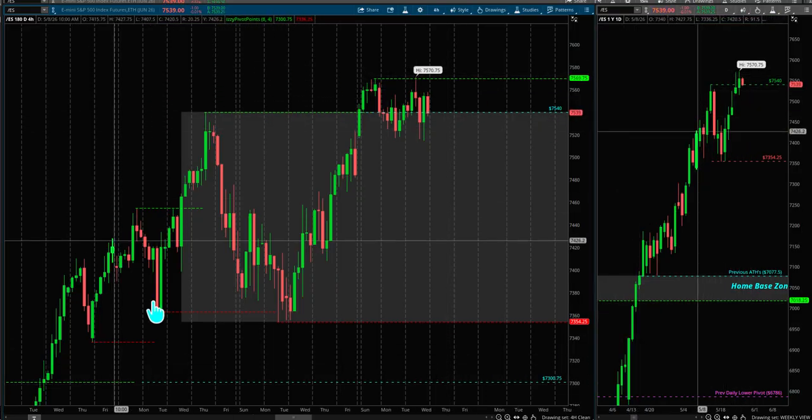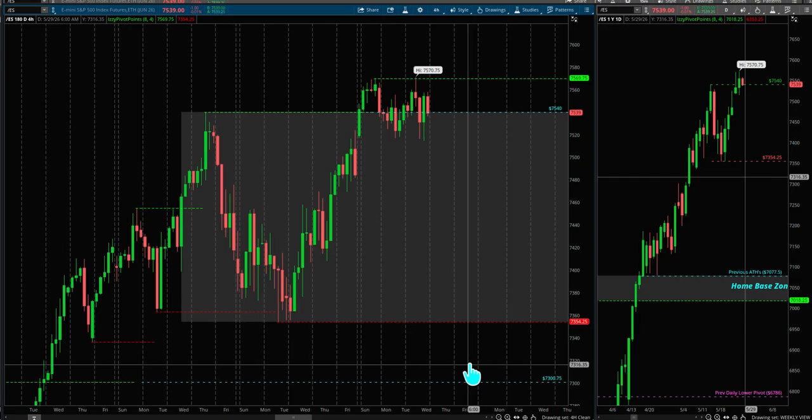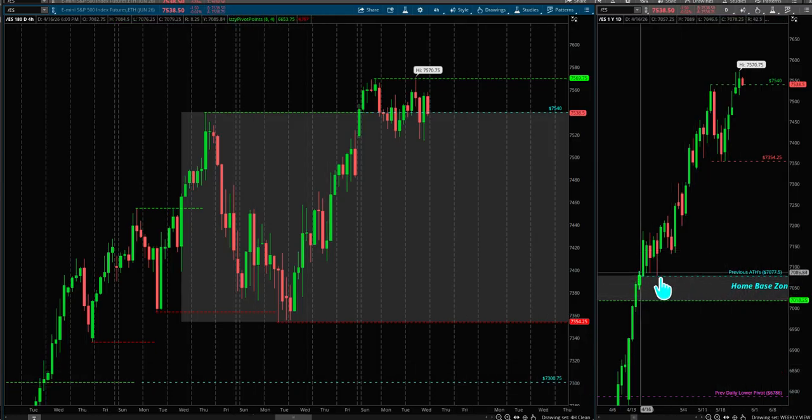Now, this is a very important range to know because, number one, like we went over on the daily time frame, we know that bulls are in control of the trend.